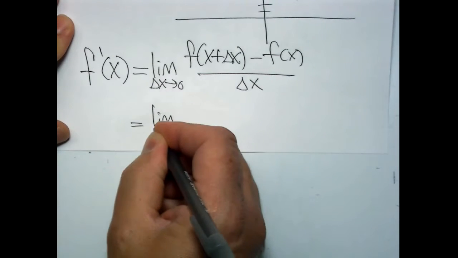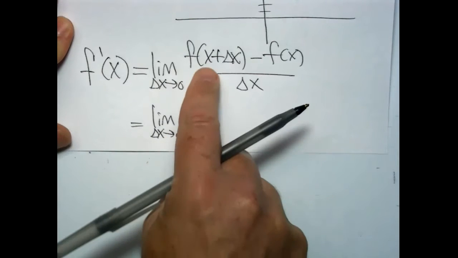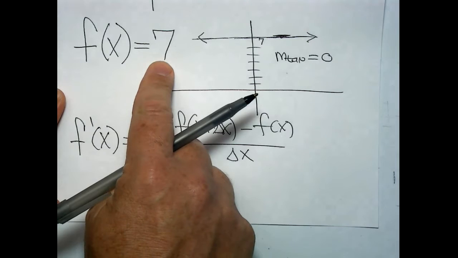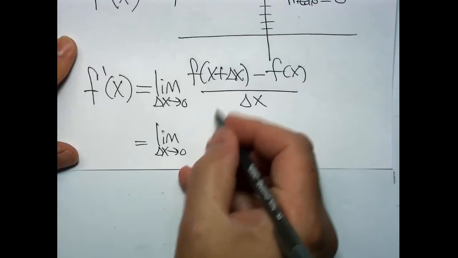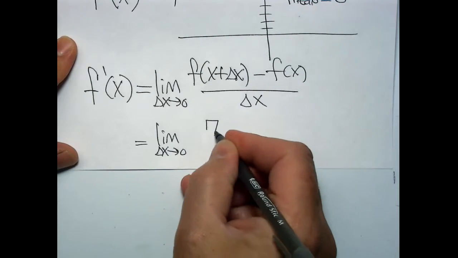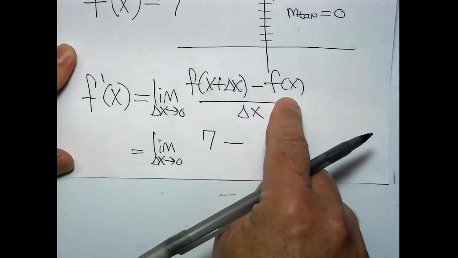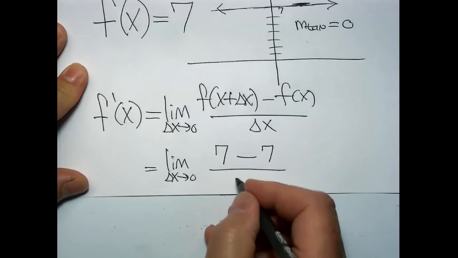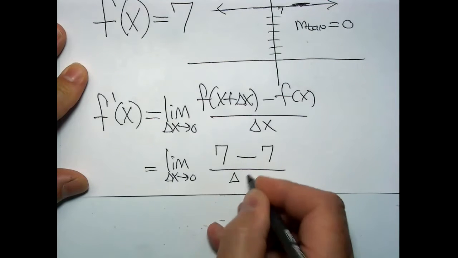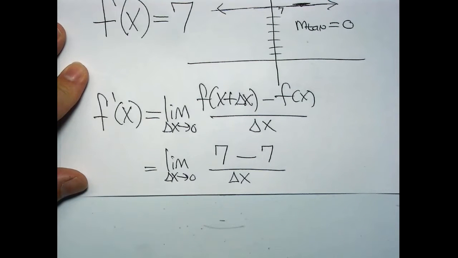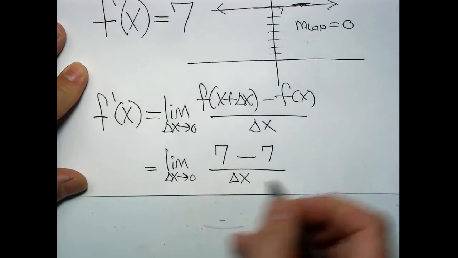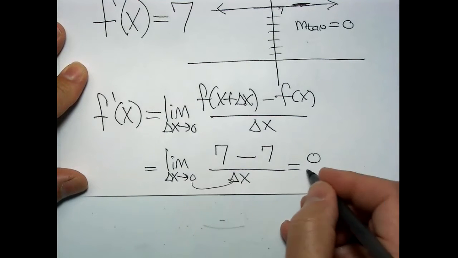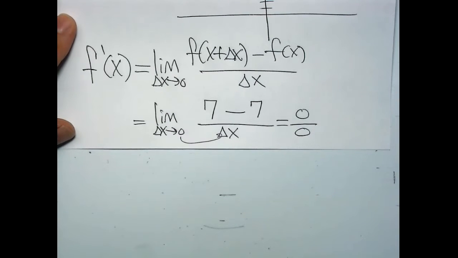The f of anything is 7, so we don't even care what's in here. It's 7, 7 forever. The f of x is right here, is 7, all over delta x. So the numerator becomes 0.